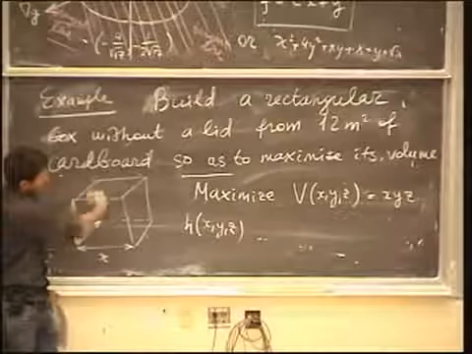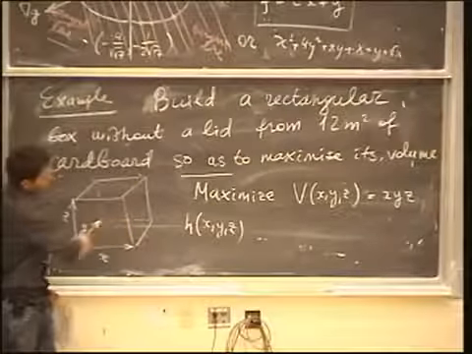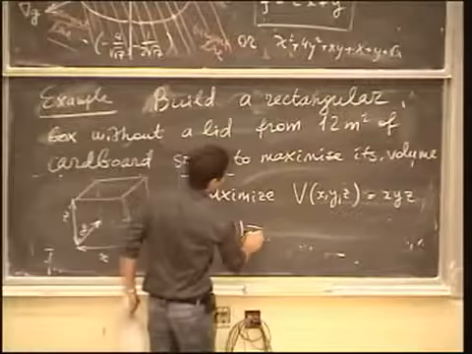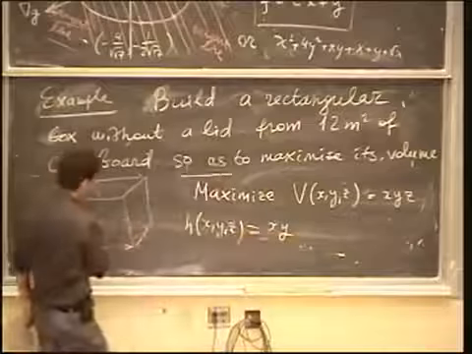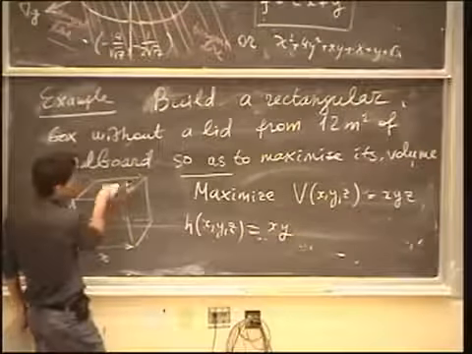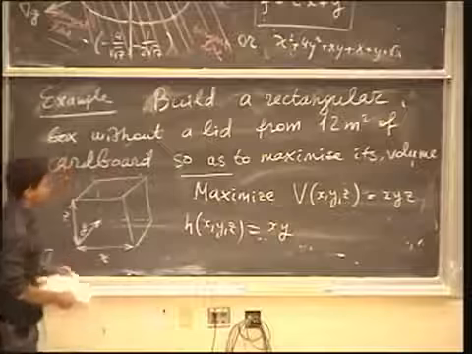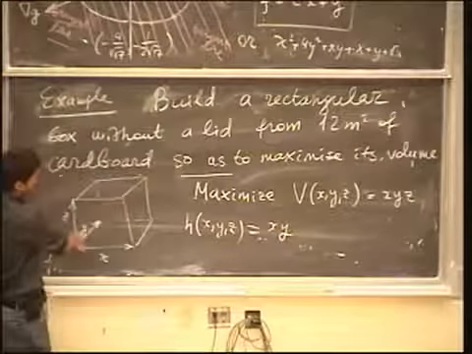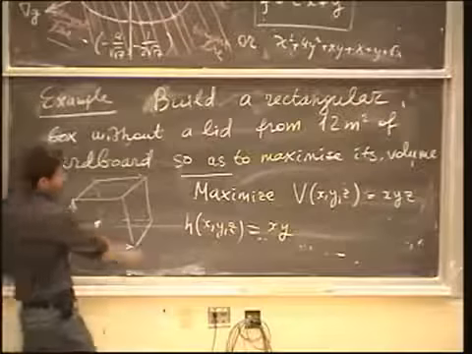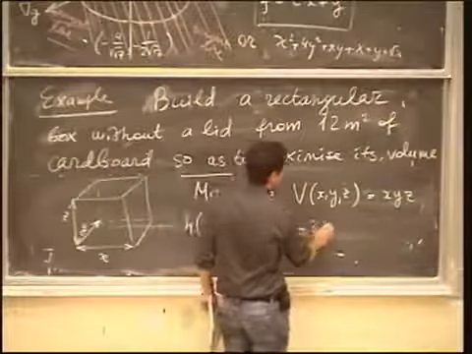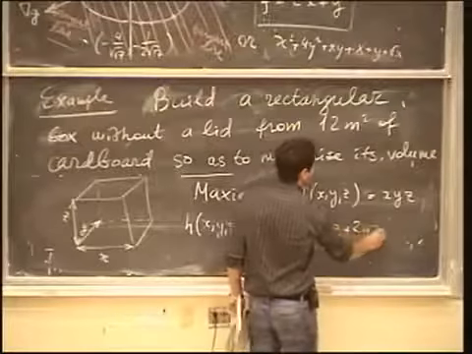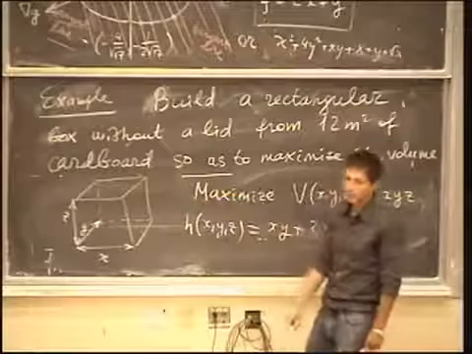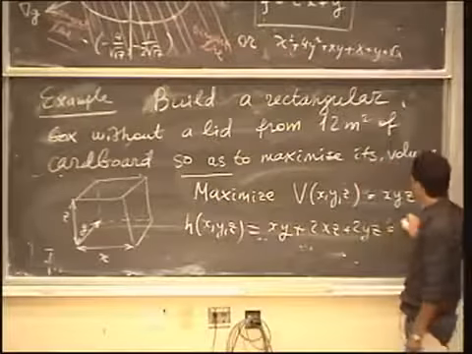There will be only one horizontal rectangle of dimensions x and y, so the area is x times y, and it's not doubled because we don't have the lid. But for the other sides, we have to double yz and xz. So it's xy plus 2xz plus 2yz. That is the total area of cardboard used for such a box, and that has to be equal to 12.